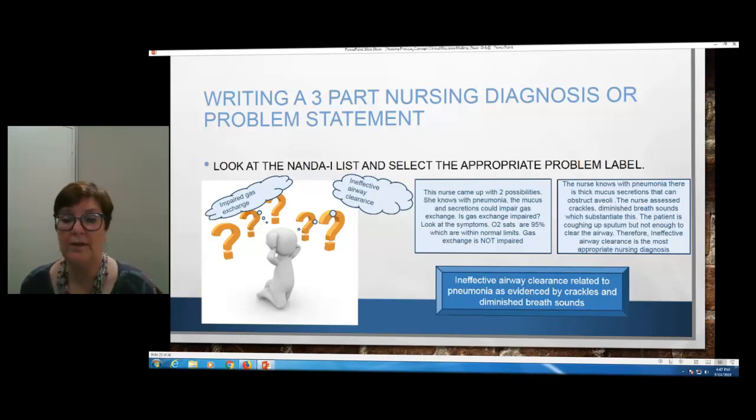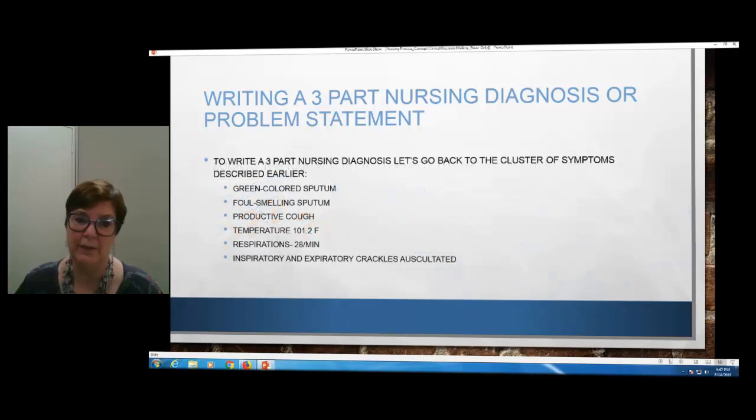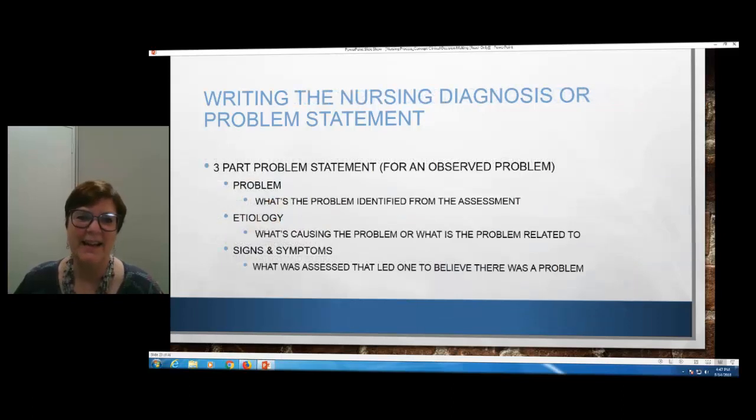She also has assessed the crackles and the diminished breath sounds, which substantiate this. So this patient is coughing up sputum, but not enough to clear the airway. Therefore, ineffective airway clearance is the most appropriate nursing diagnosis for this patient. So you see how this works? Okay.